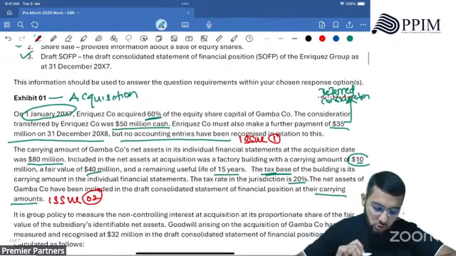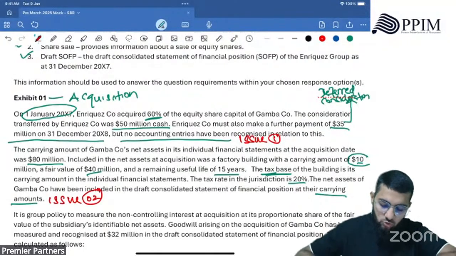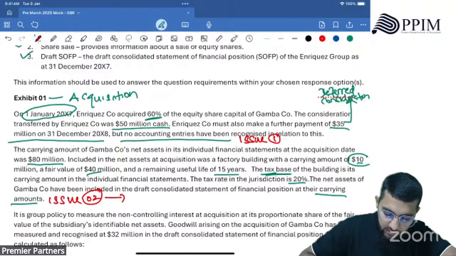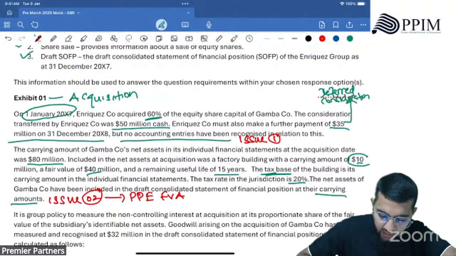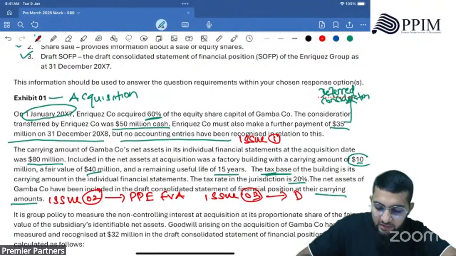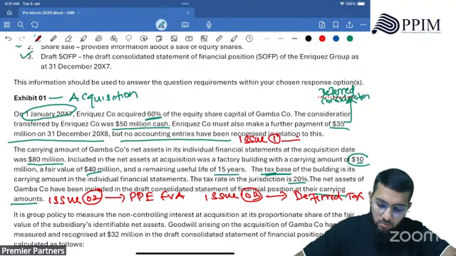But issue number 2 includes issue number 3 as well. Issue number 2 is, let's say, the PPE fair value adjustment. Issue number 3 within this case itself is the deferred tax. Okay. Issue number 1 is deferred consideration.